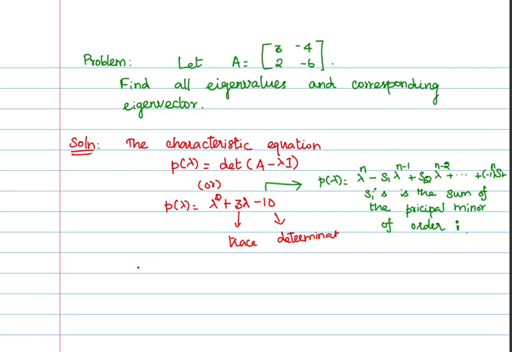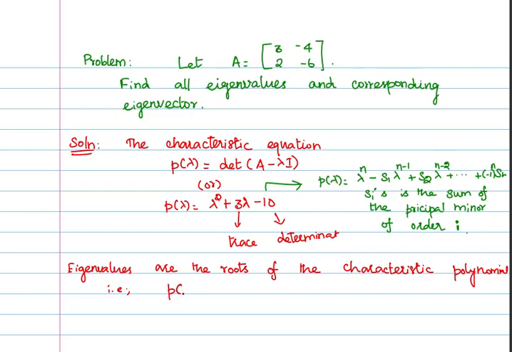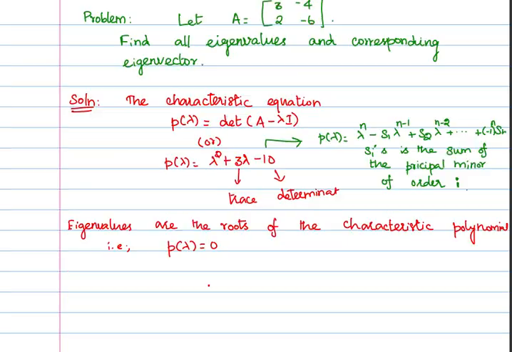Now I want to find the eigenvalues. The eigenvalues are the roots of the characteristic equation, that is P of lambda equal to 0.